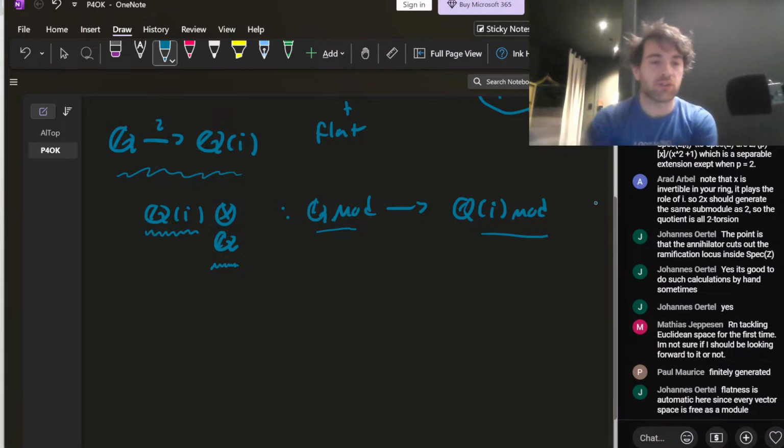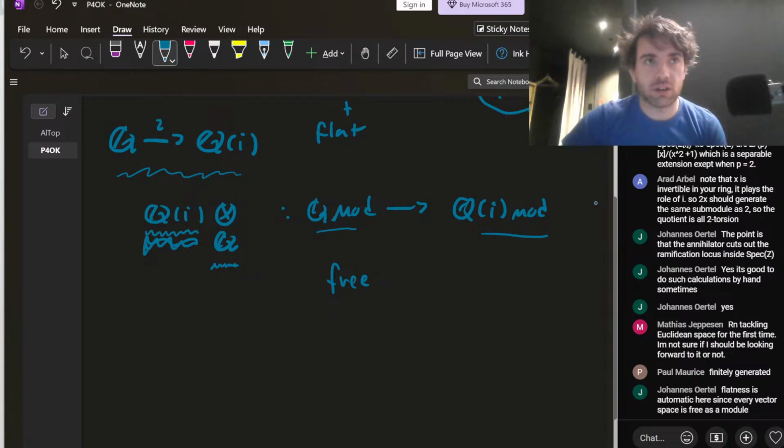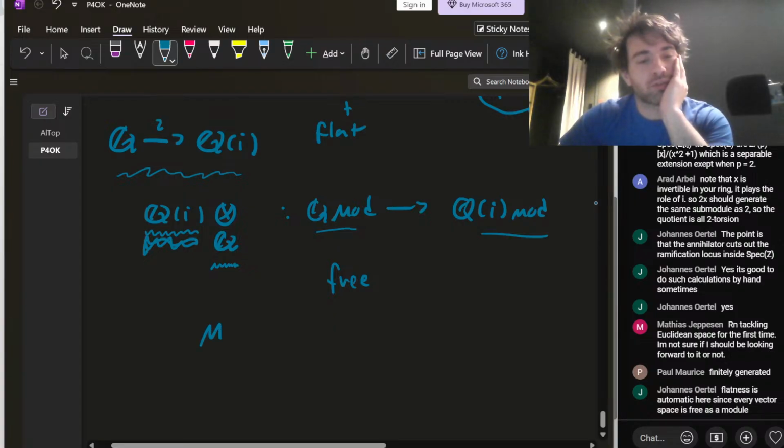It works either way because we're still tensoring by a free module. But now I'm confused. I guess the theorem should work out the same, but I know the result: if M is free, then tensoring by M as an endofunctor from R-mod to R-mod.